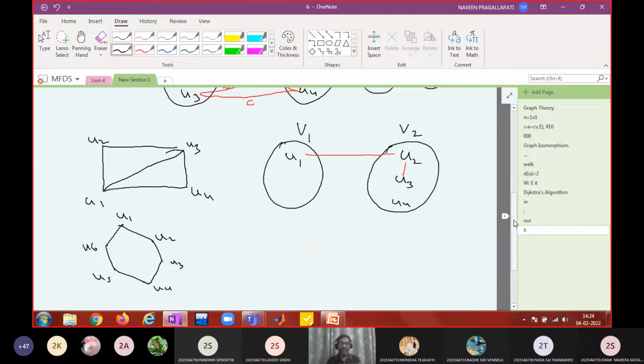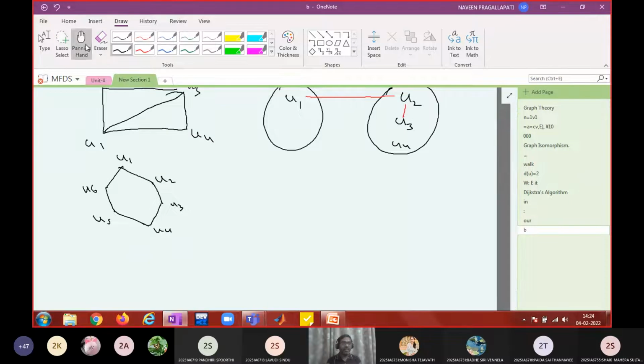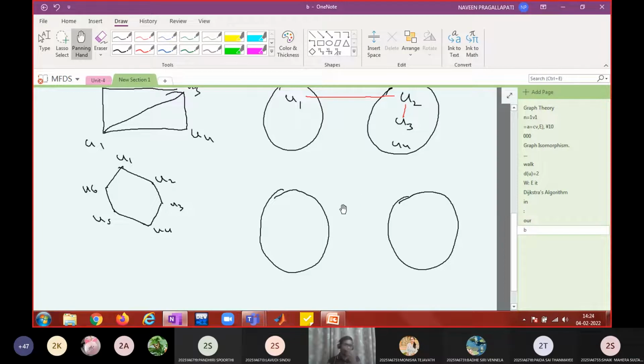Now, can you say whether it is a bipartite graph or not? If I want to call this a bipartite graph, I should be able to partition the vertex set such that no two vertices in the first set are adjacent, and no two vertices in the second set are adjacent. So can I do it? See once.